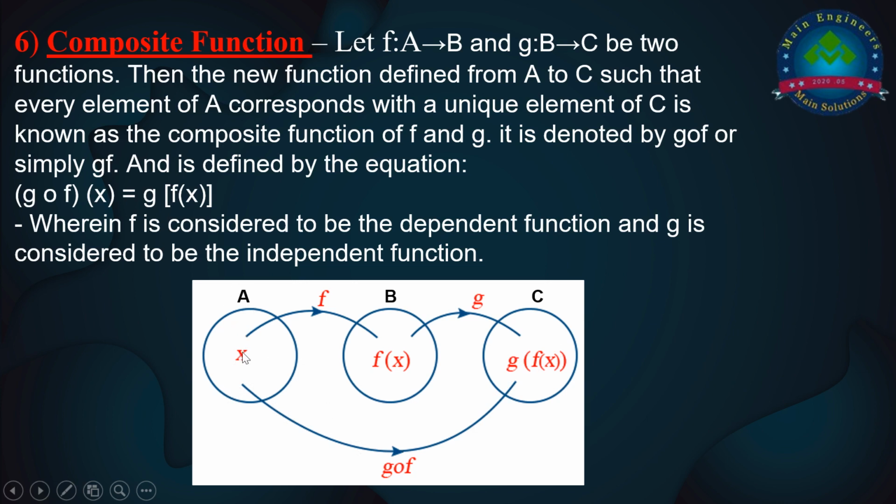Every member of A is associated with a member of C, and that function is denoted by g o f or g of f(x). So that function is called a composite function.